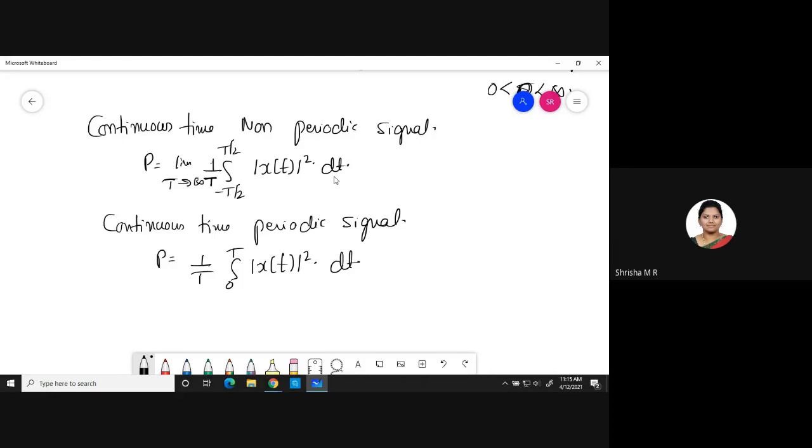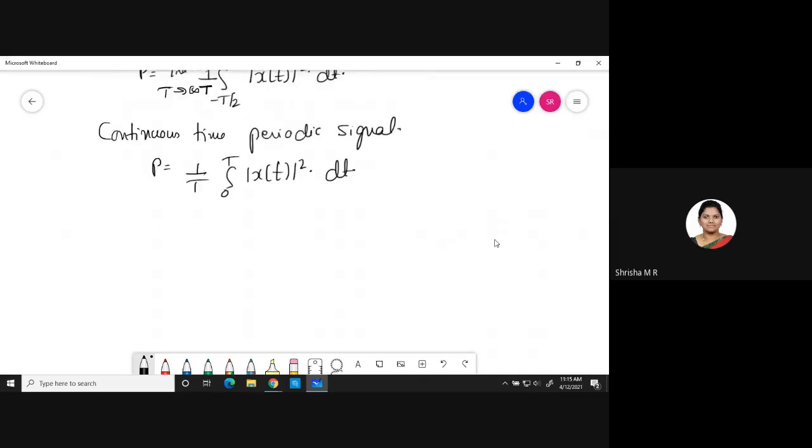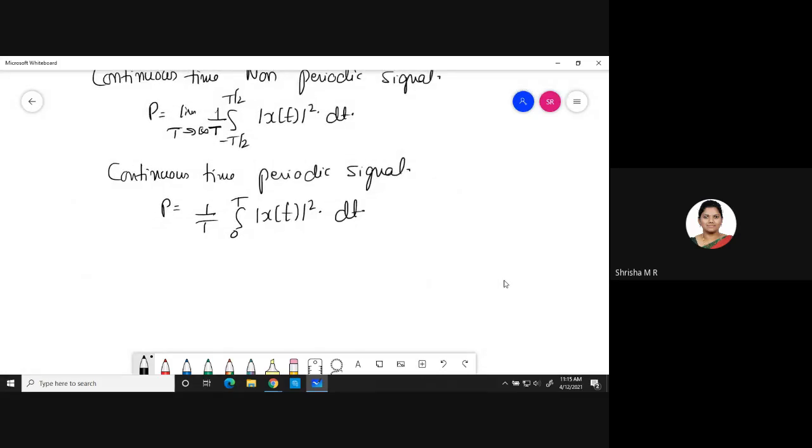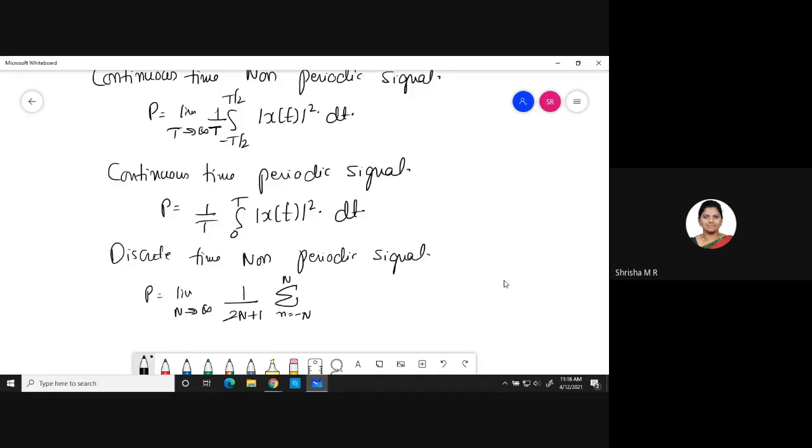Similarly, we have equations for discrete signals also. For discrete time non-periodic signals, the equation is P is equal to the limit as n tends to infinity of 1 by 2n plus 1 into the summation of n is equal to minus n to plus n of x of n square.